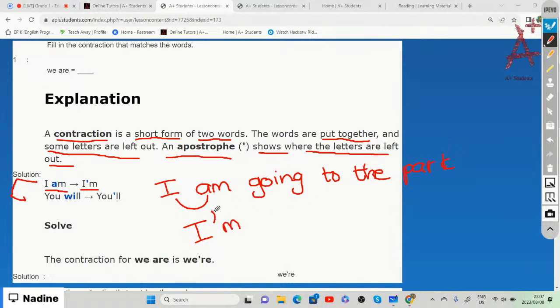We use the apostrophe over there to show where the letters are left out, and the A is left out. So we say I'm going to the park. Now this word is our contraction, I'm, because it is a short form of the two words I am.